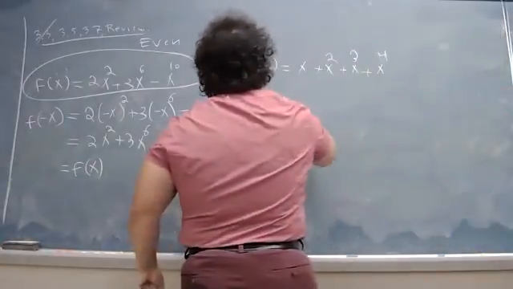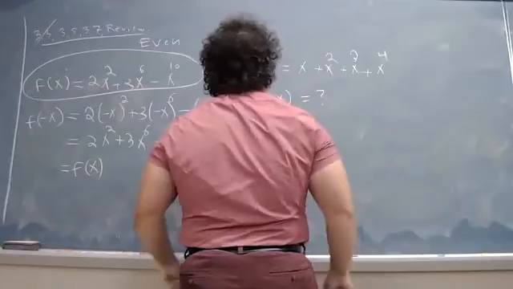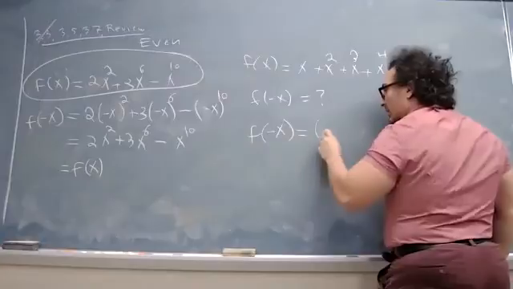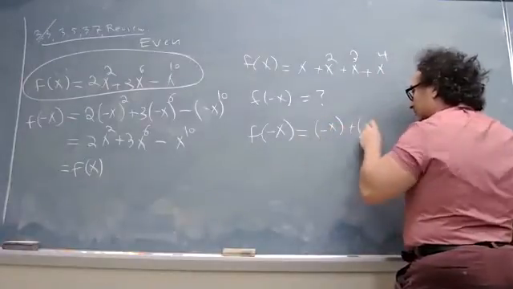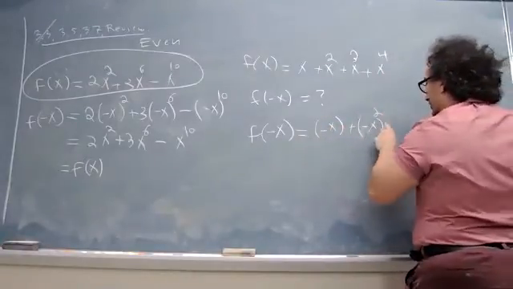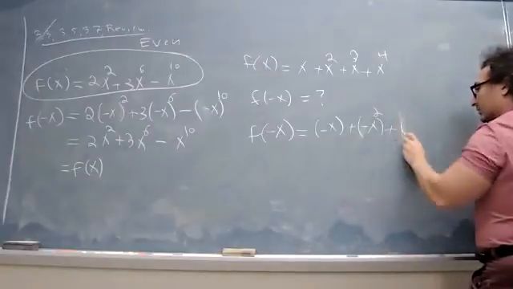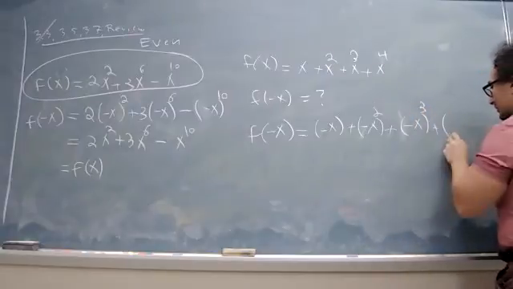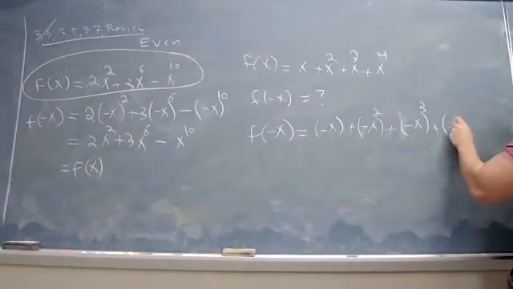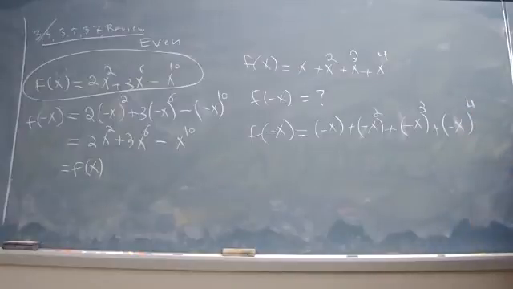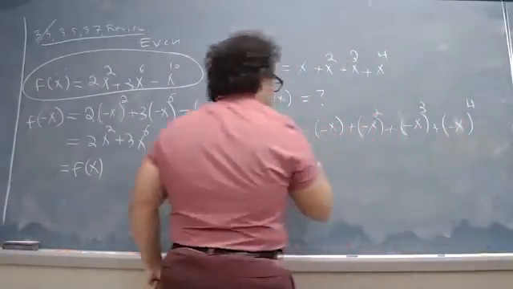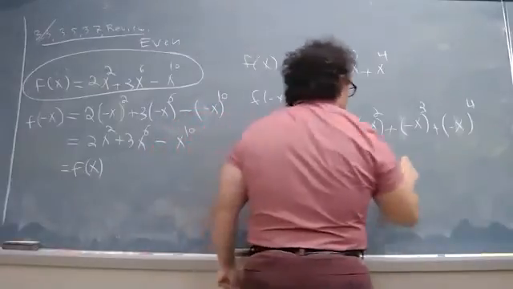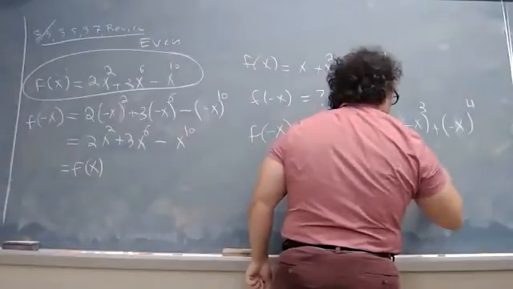It all depends on what f of negative x is equal to, right? f of negative x is the same thing as negative x plus negative x squared plus negative x cubed plus negative x to the 4th. But notice this is the same thing as negative x plus x squared minus x cubed plus x to the 4th.